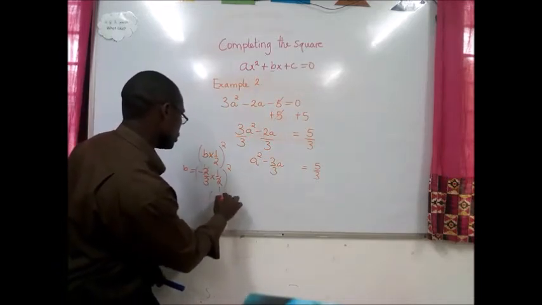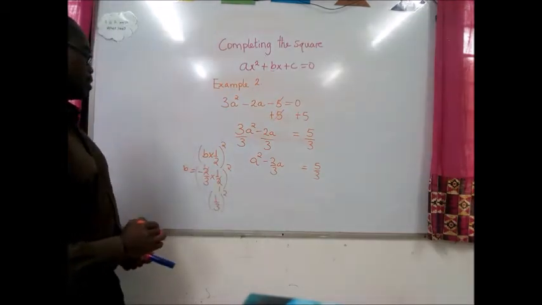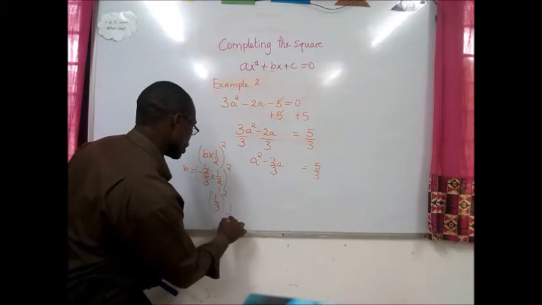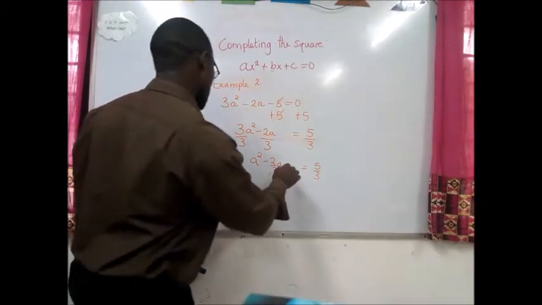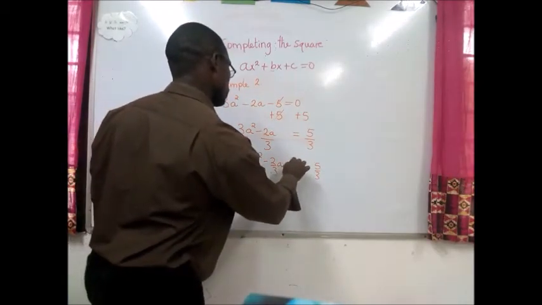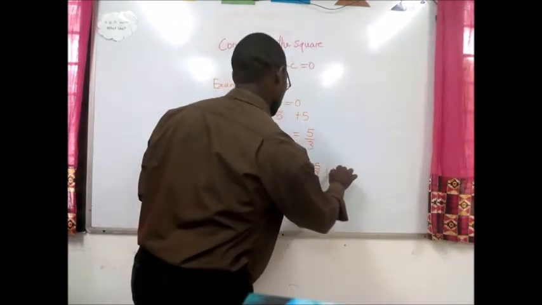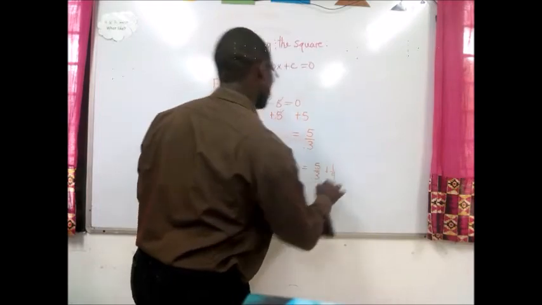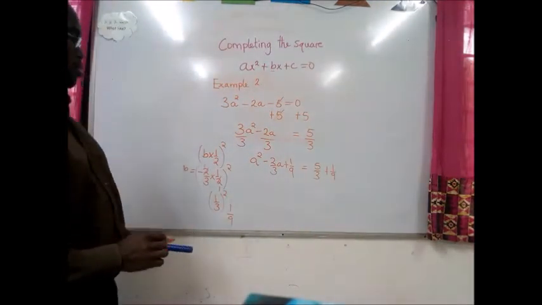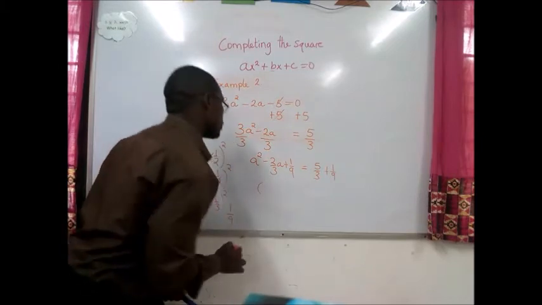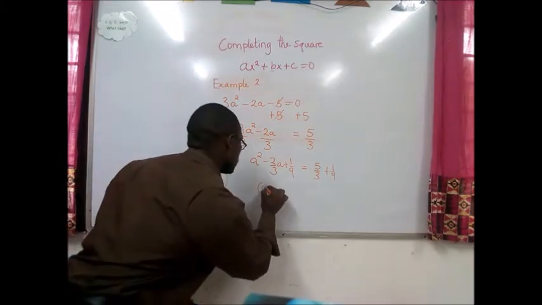Square that, and then the answer will be 1 over 9. So here we add 1 over 9, and here we add 1 over 9.